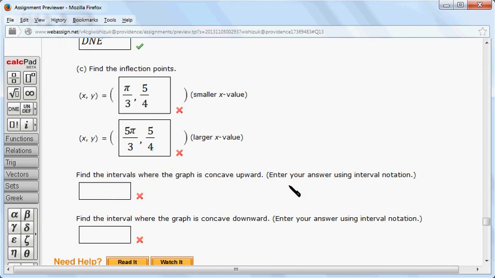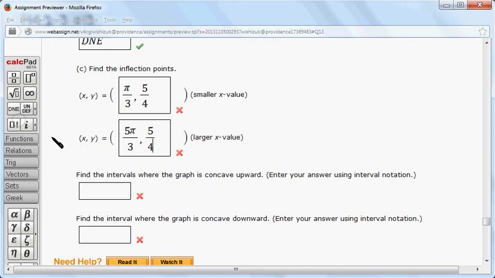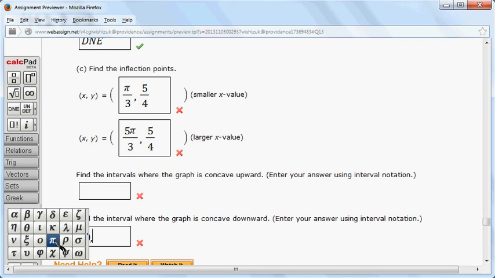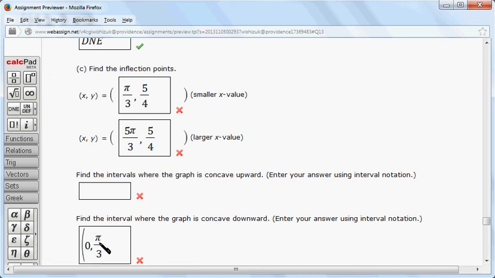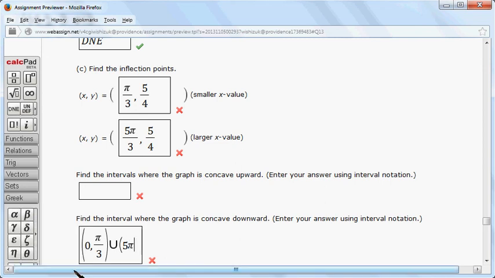So then also we need to look at the concave up and concave down, right? So concave down on this interval and that interval right there. So let's type it in. Concave downward would be 0 to pi over 3. All right, and take the union, so sets, take the union. Then you have 5 pi over 3 to 2 pi.